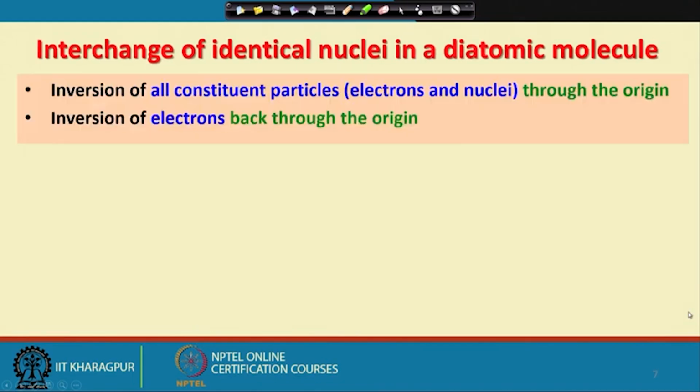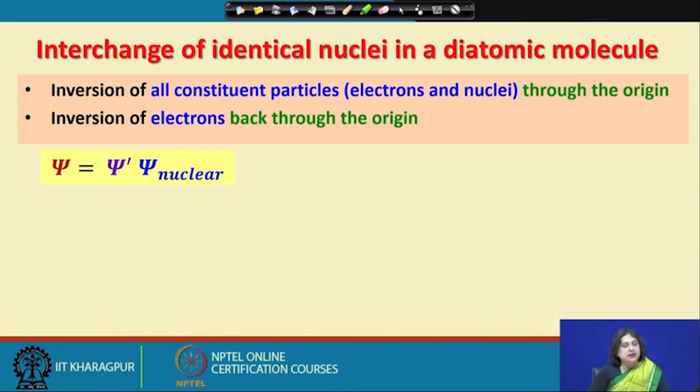So, under such conditions, let us now think about what happens when I carry out this inversion, which means a change of the coordinate system such that x goes to minus x, y goes to minus y and z goes to minus z, or some equivalent coordinate transformation as far as the spherical polar coordinates are concerned.